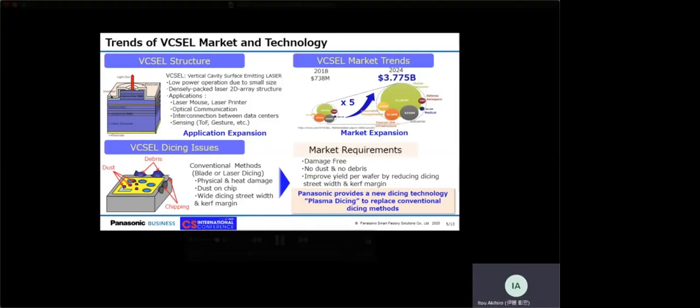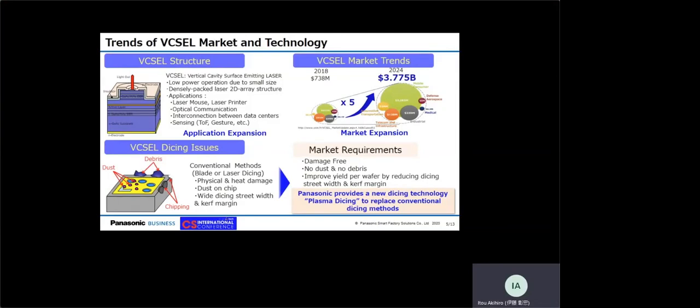Thus, market requirements are damage-free dicing and no debris, and improving yield of VCSEL wafers by reducing the dicing street widths and curve margin. Panasonic solves these issues by providing its new dicing technology, plasma dicing, to replace these conventional dicing methods.